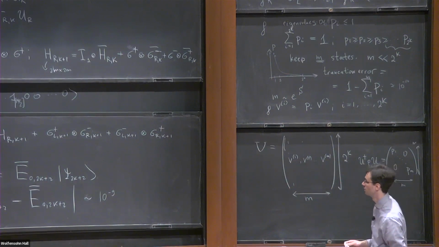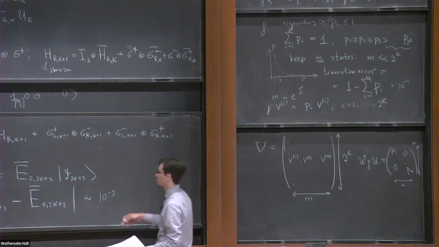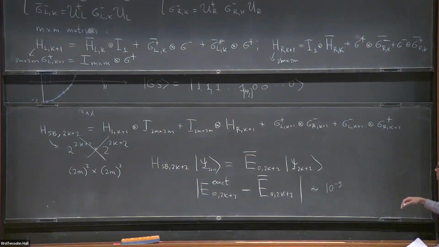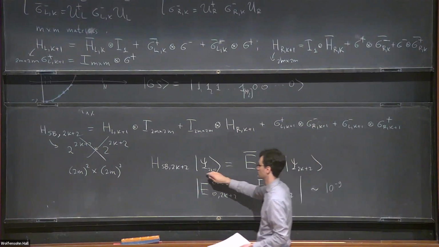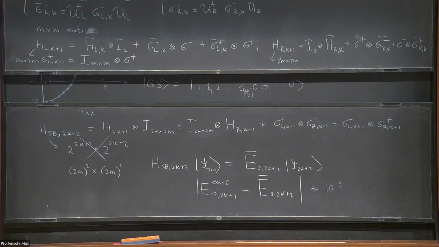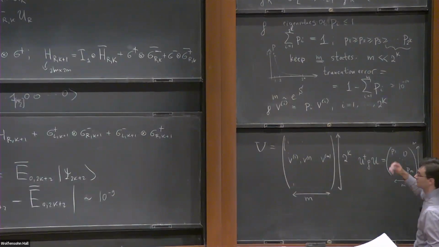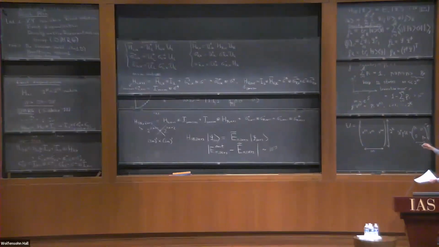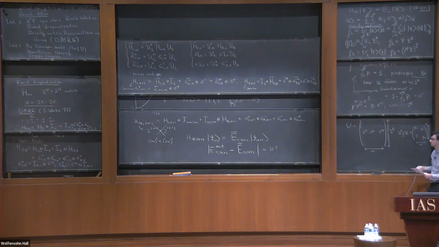And I can just again repeat this procedure. So now I find this eigenstate of this superblock. I can again find left and right density matrices, which will be 2m cross 2m. And then I can again do this truncation, keep only highest probable states.